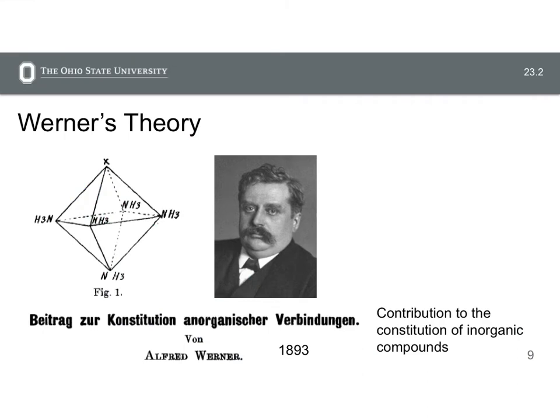So much of the work on geometries associated with transition metals came from Alfred Werner, who won the Nobel Prize in 1913, essentially for predicting or suggesting the octahedral geometry.